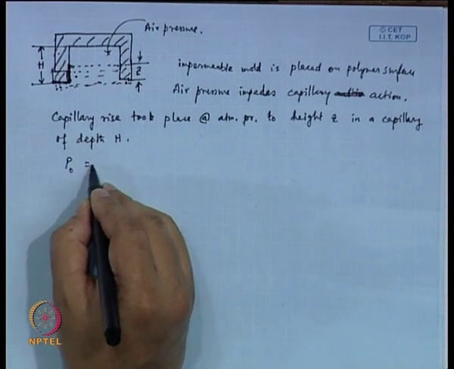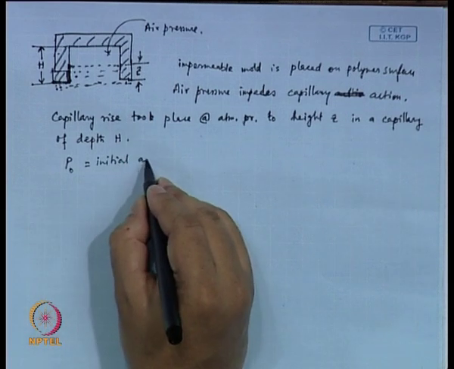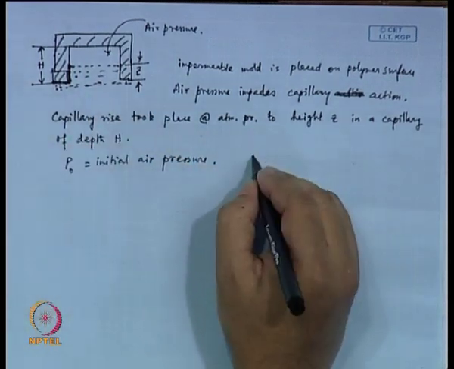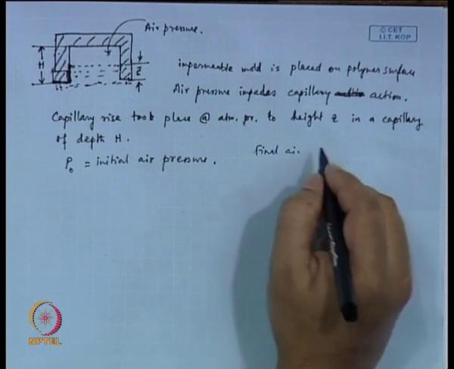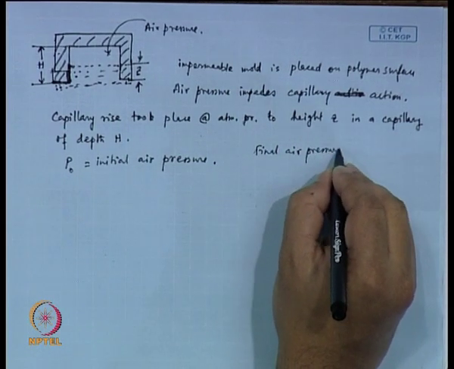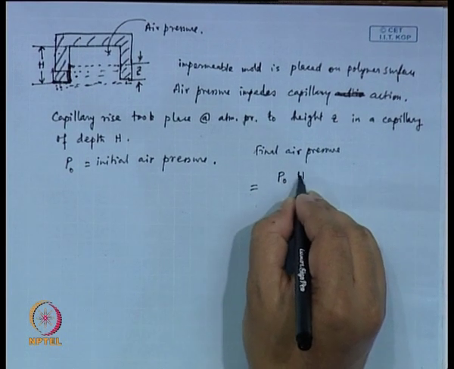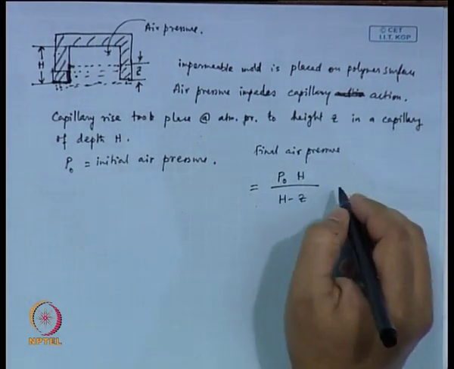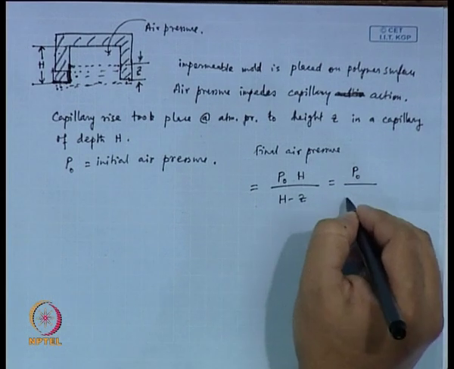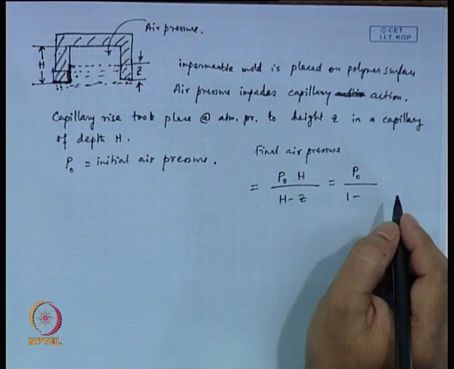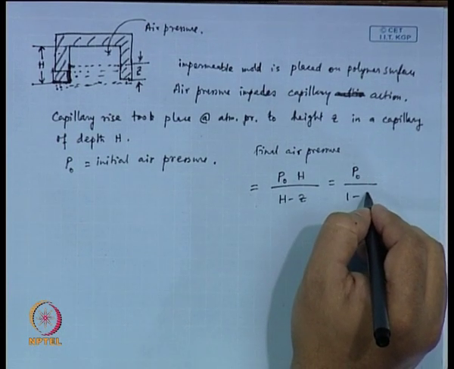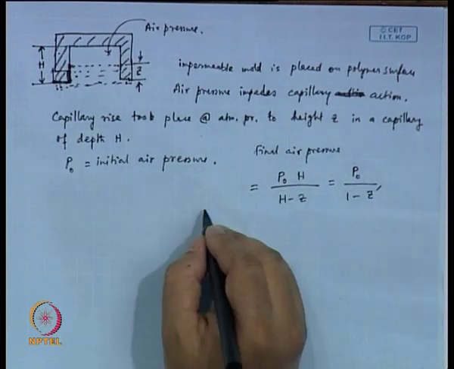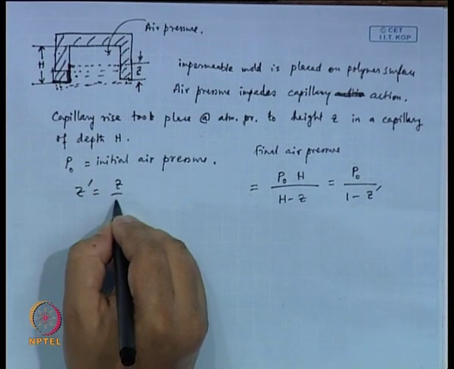If P0 is the initial air pressure, which for all practical purposes would be 1 bar, then the final air pressure would be equal to P0 times H divided by H minus Z, or you can write this as P0 divided by 1 minus Z prime, where Z prime is equal to Z divided by H.